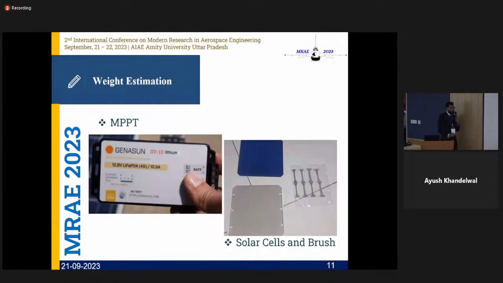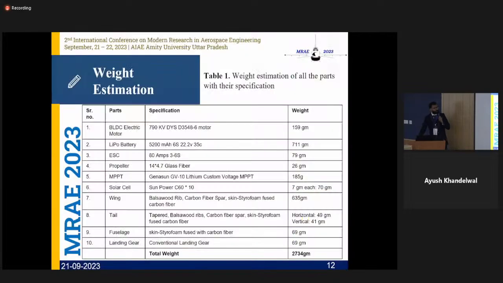And one of the major things we need to adopt apart from an RC plane, what makes a normal RC plane a solar UAV, is the MPPT as well as the solar cells. What my MPPT does is take whatever charge has been stored in my solar panel and convert it into the DC power supply that is fed into my battery. That is what my MPPT controller does. So this is my weight estimation. It came out around 2.7 kg.